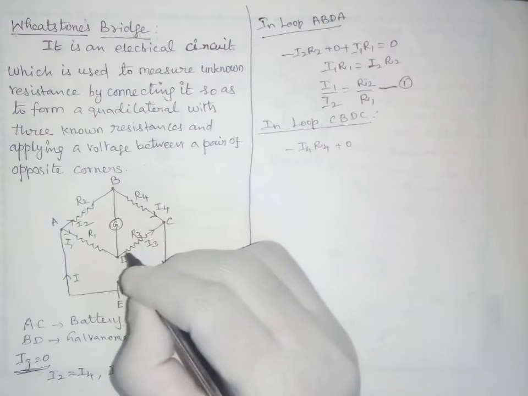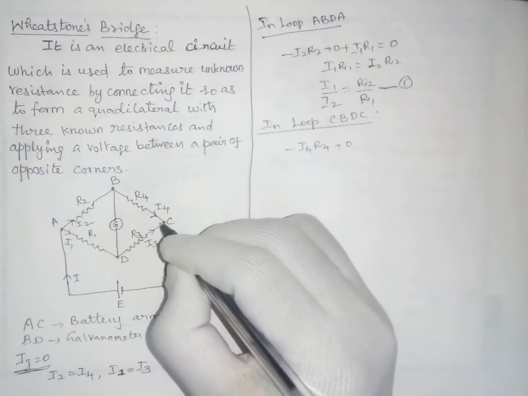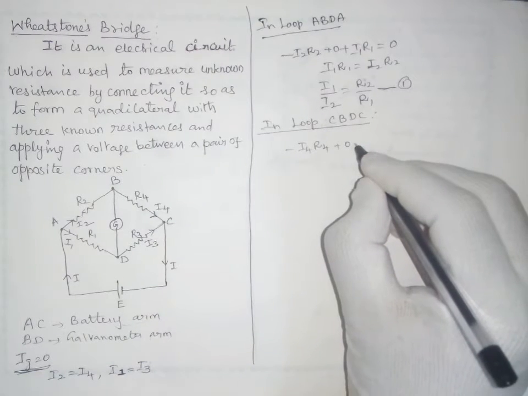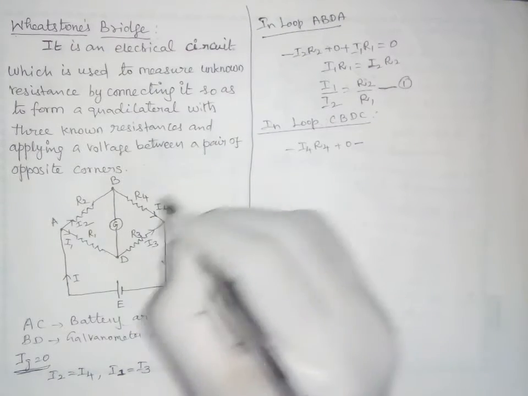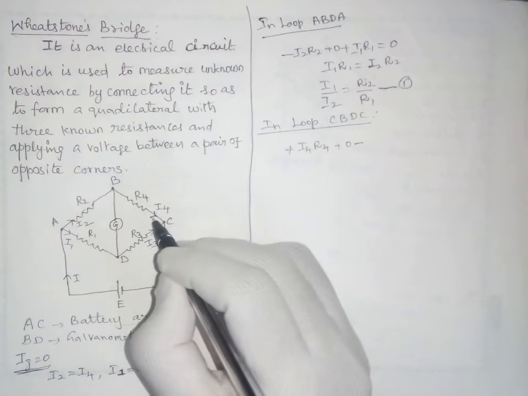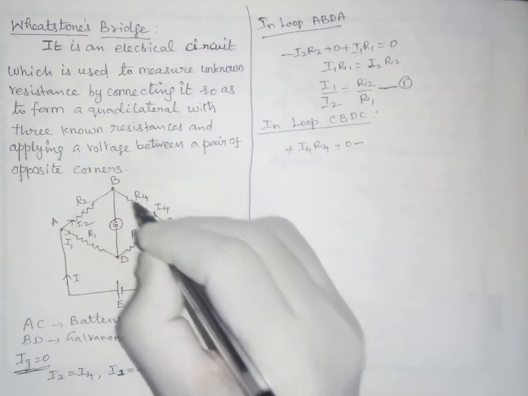The voltage drop I3 R3 is in the direction of the current, so it is taken as minus, and the other should be plus because we are moving against the current direction.